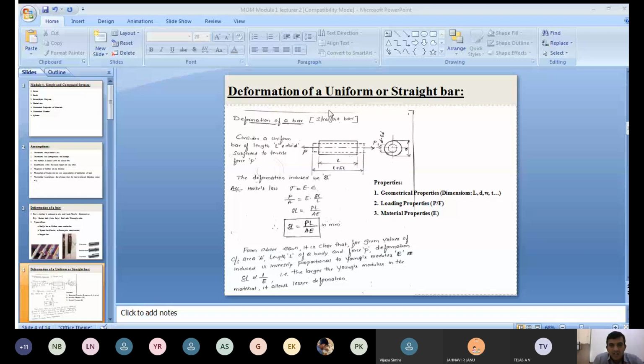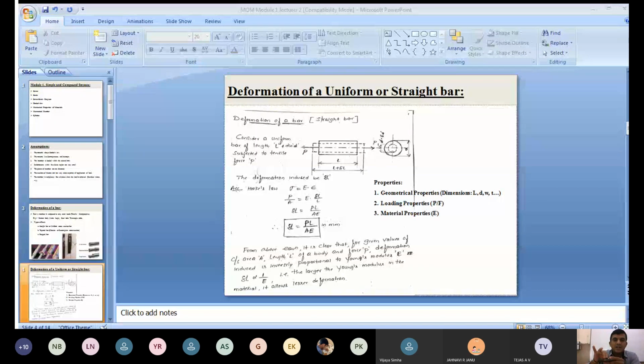If you increase the load, the dashed line shows the deformed body, while the continuous thick line is the original bar. It is a change in dimension. Now we are applying a tensile load. Once you apply a tensile load on the bar, the length increases.